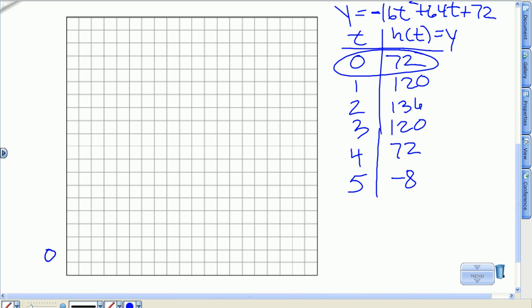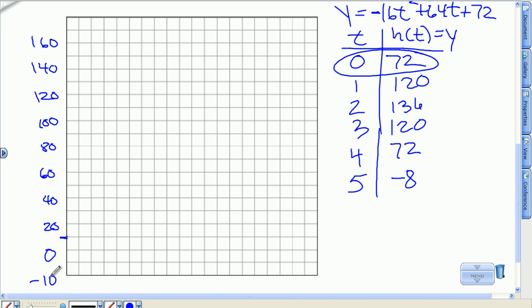So 0, 10, 20, 40, 60, 80, 100, 120, 140, and 160, and the tallest point is 136, so I'm better than that. And now of course I got negative 10 down here.